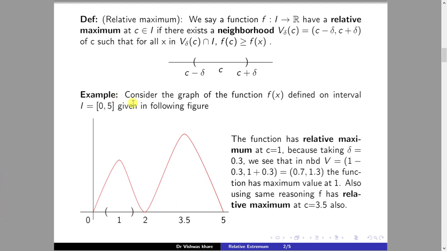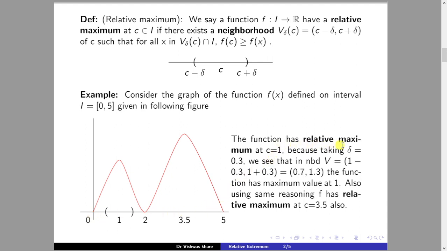Let us see an example. Consider the graph of the function f(x) defined on the interval I, which is the closed interval 0 to 5, given in the following figure. You can see this is the graph of the function f(x) in the interval 0 to 5.